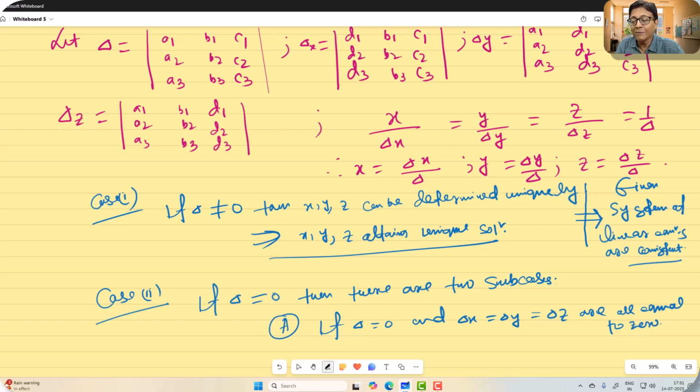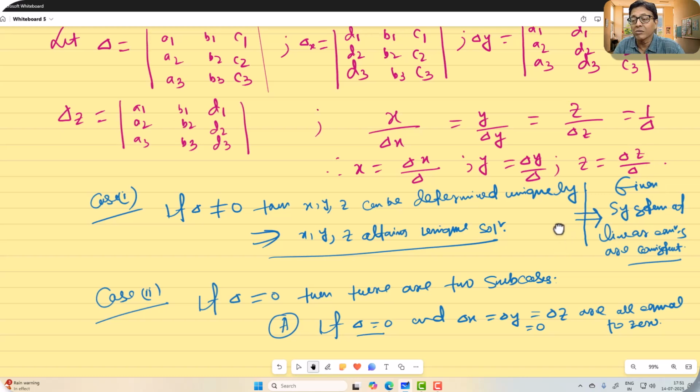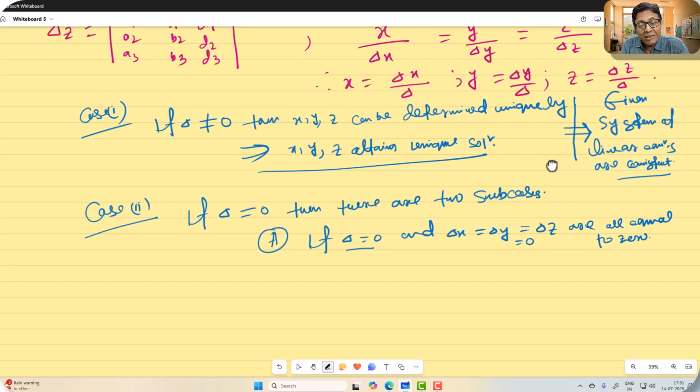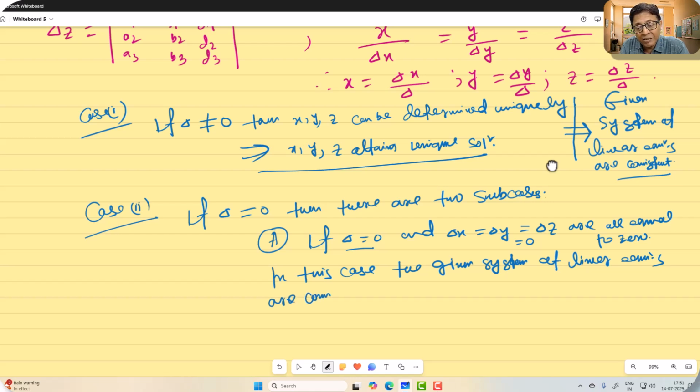All must be equal to 0. In this case, the given system of linear equations is consistent.